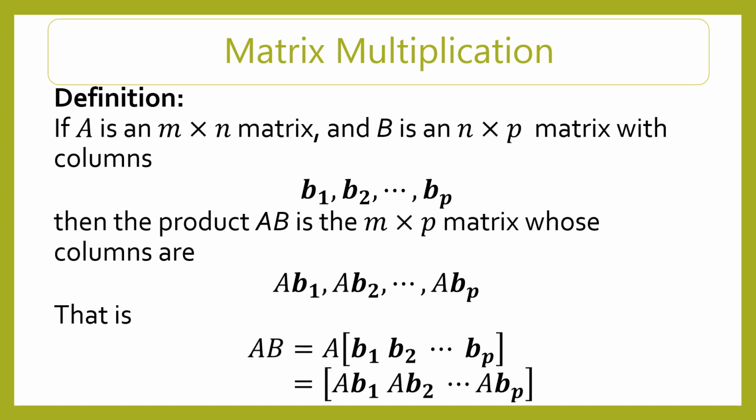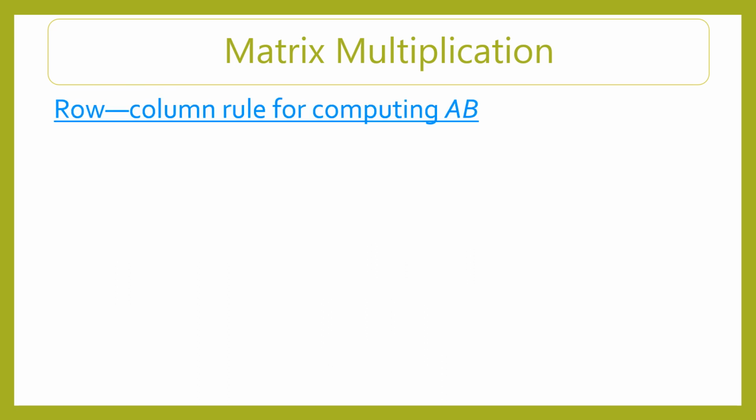So this is one way to easily visualize how to multiply two matrices. As a matter of emphasis, be careful. It will change once we multiply B by A. If we reverse it, then A will be written in column form, and then we multiply B across the columns.